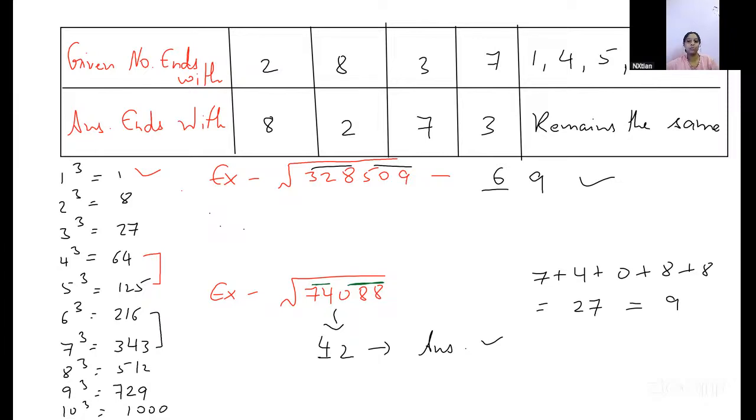So maybe a number cannot repeat itself a lot of times, like 4 times. 74088 repeats itself, but only 2 eights.